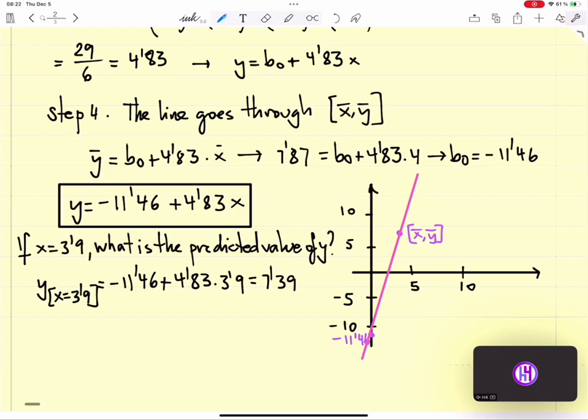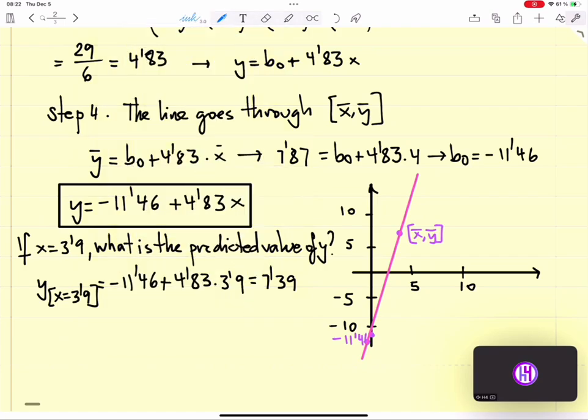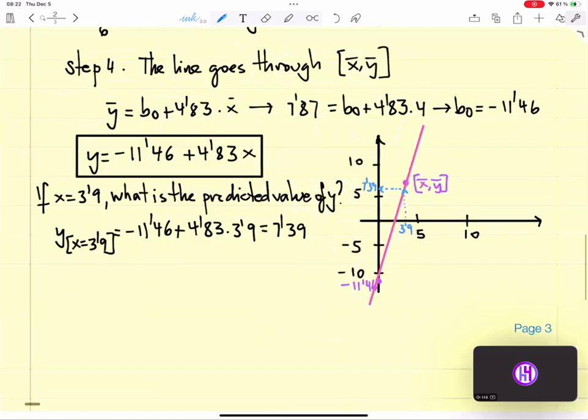Okay? So when my value is 3.9, somewhere here, I get a value of 7.39. Okay? Any questions?